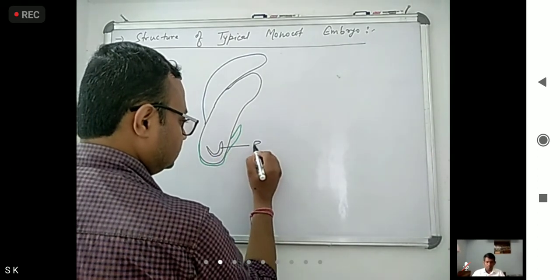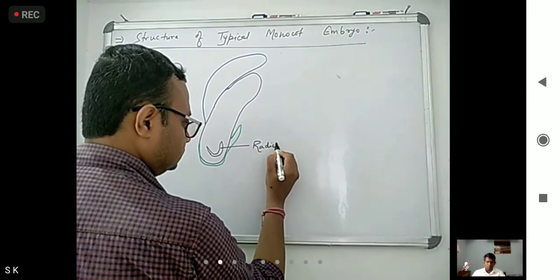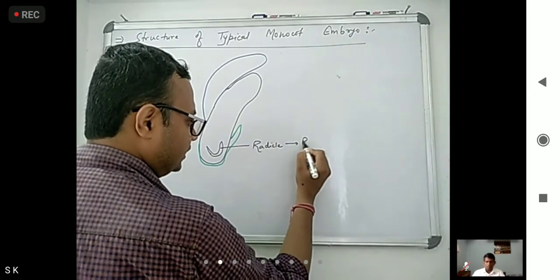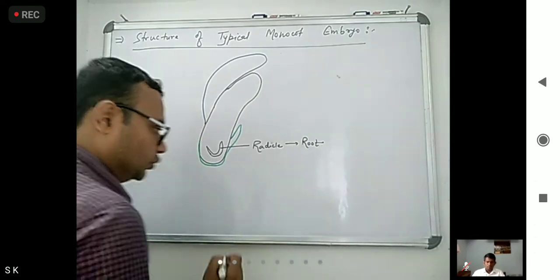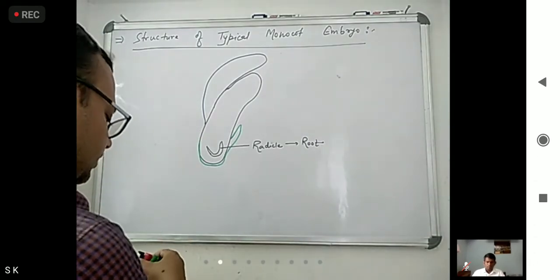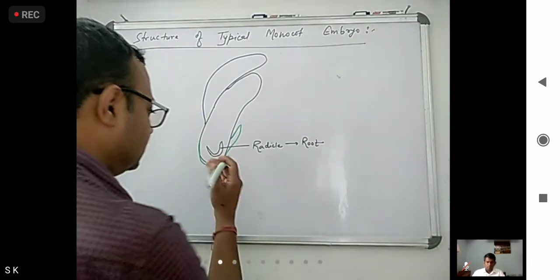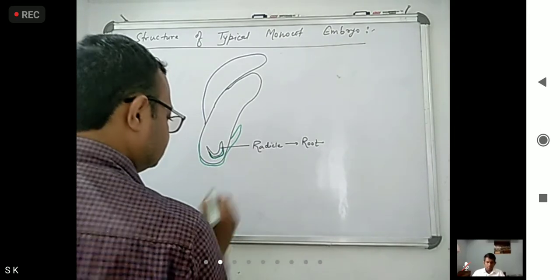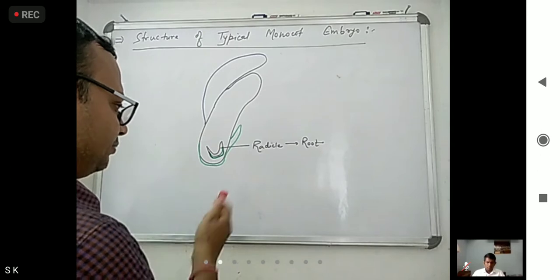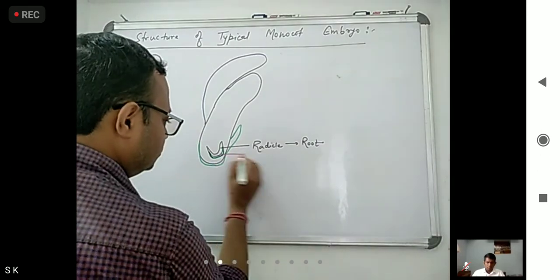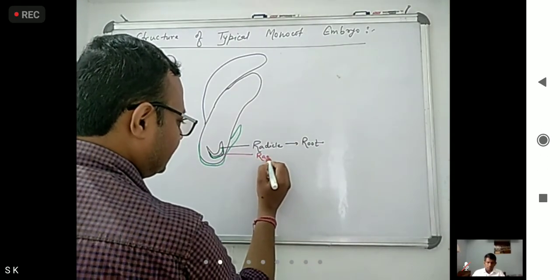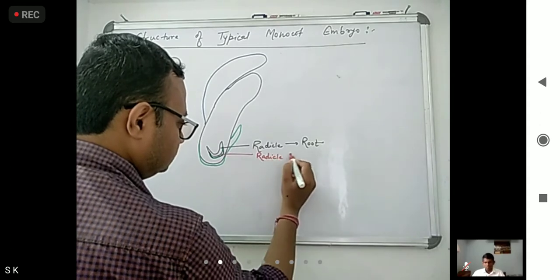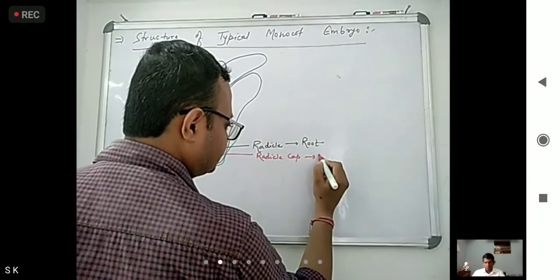This is what? Radicle, and this radicle develops into what? Root. This radicle is covered with a cap-like structure, and that cap-like structure is known as the radicle cap that provides what?